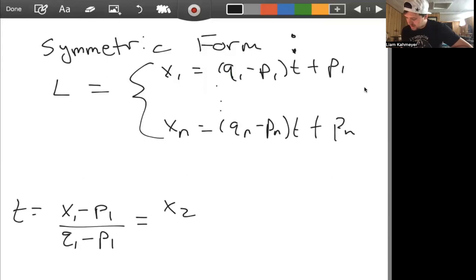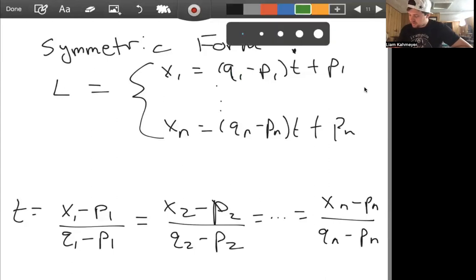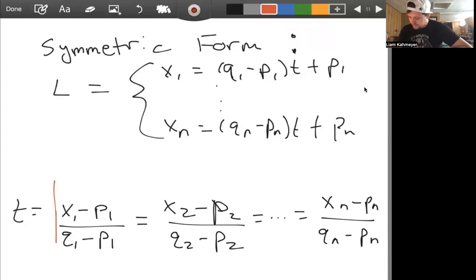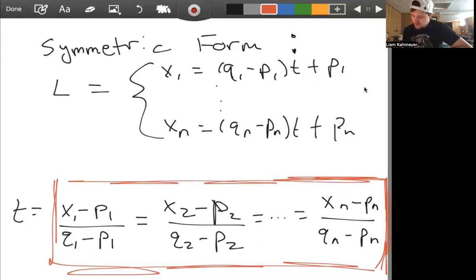For the second one, we'd get (x2 minus p2) over (q2 minus p2), et cetera, (xn minus pn) over (qn minus pn). And so here is your symmetric form in an arbitrary dimension, right? Cool. So that's where I'll stop for parametric lines.